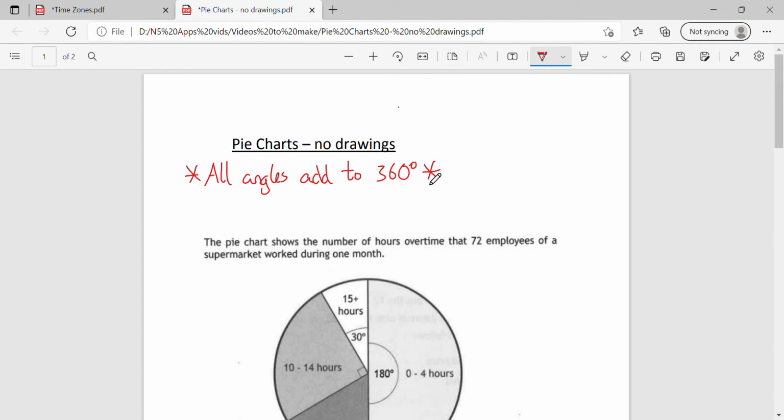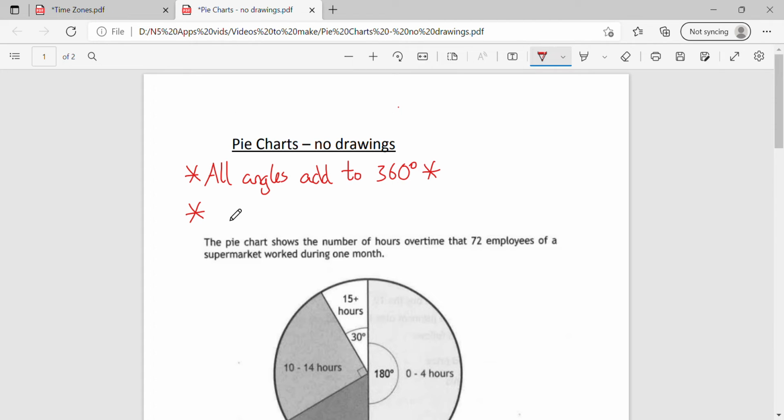And if we are wanting to calculate the value for a particular sector of the pie chart, what we do is we find the angle for it, we write that as a fraction out of 360, and we then multiply by the total.